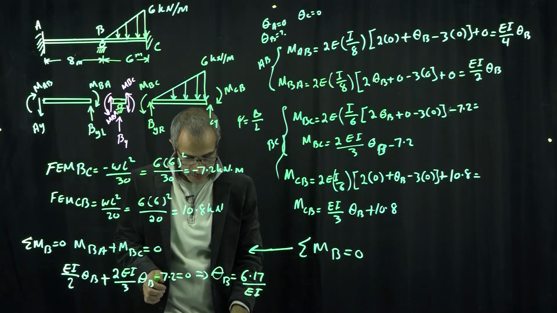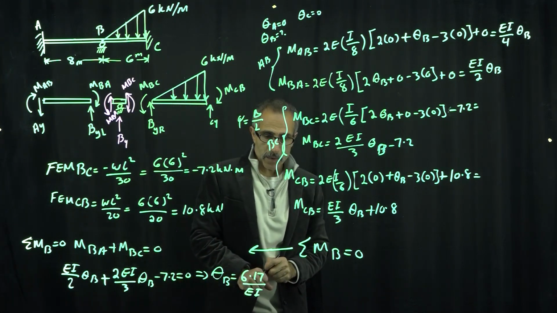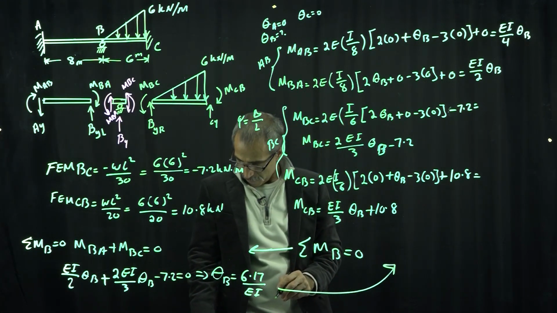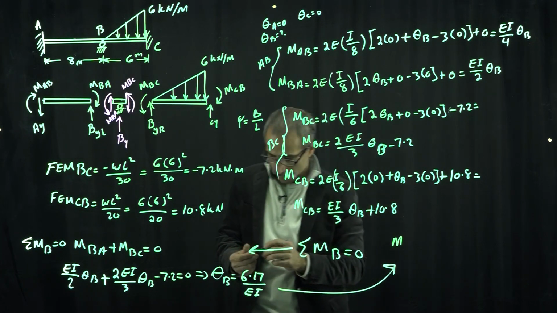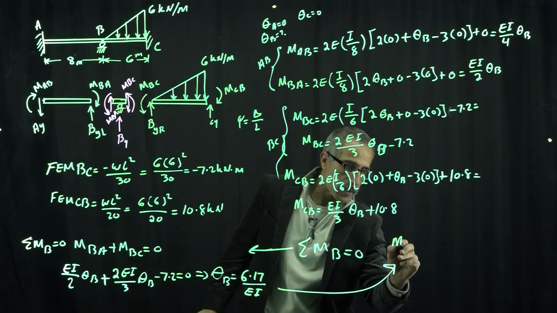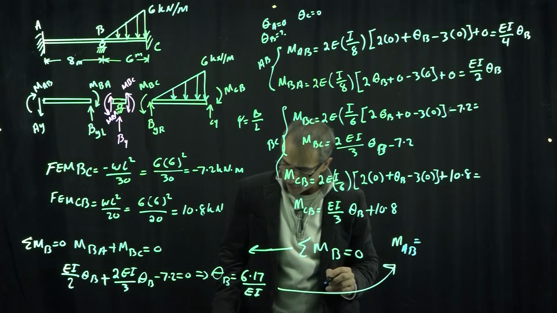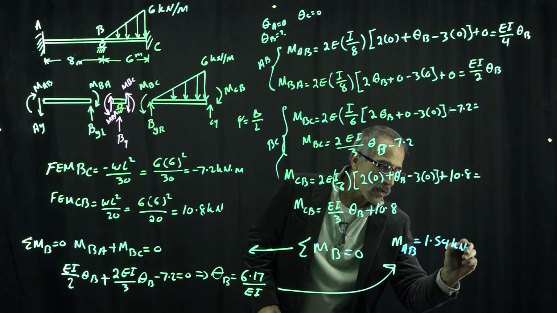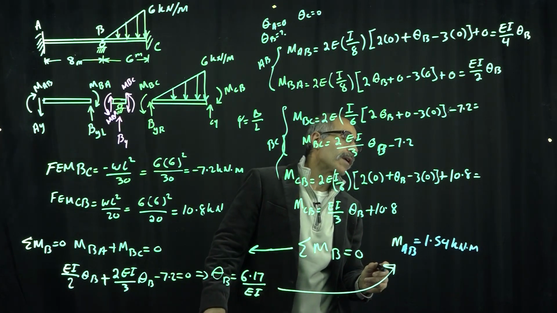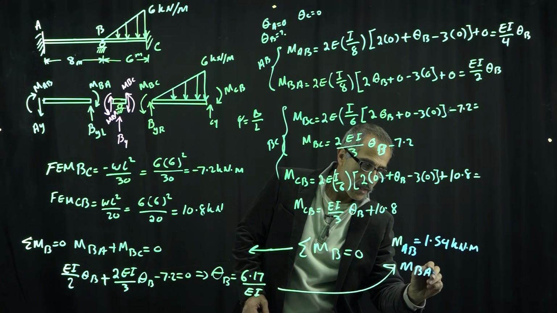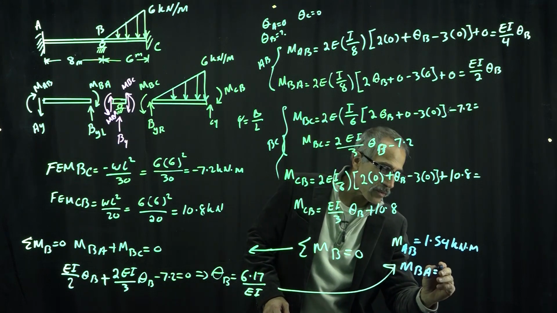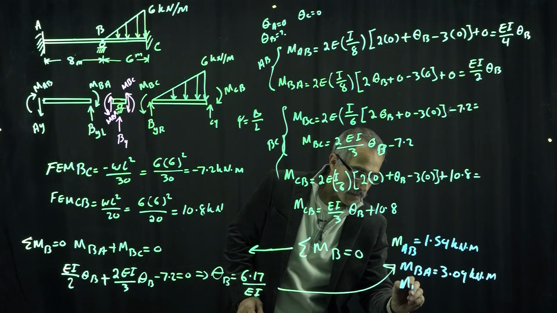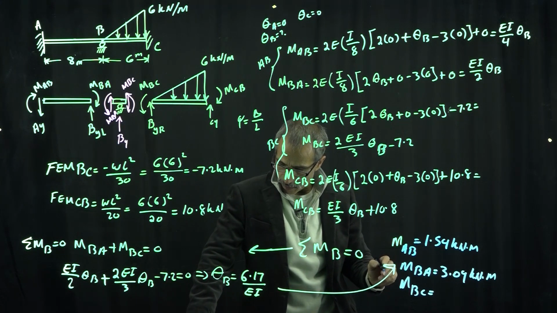If we substitute in all those equations, we're going to find that MAB is equal to 1.54 kilonewton meters, and MBA comes out to 3.09 kilonewton meters. And then MBC comes out to minus 3.09.